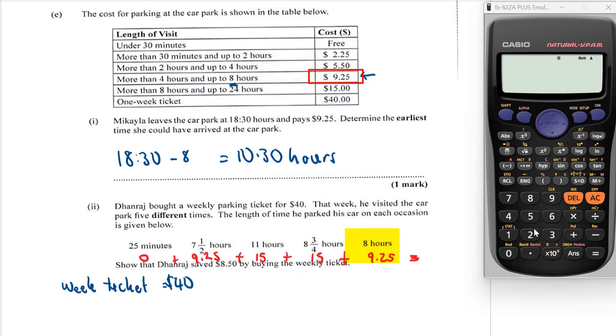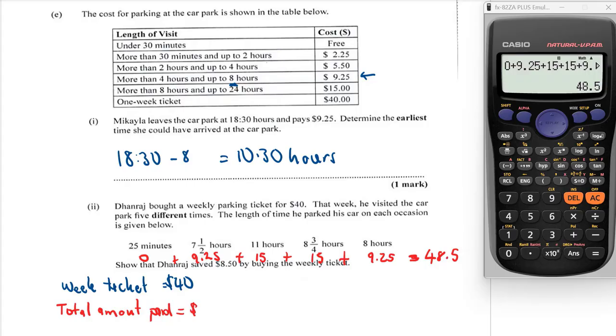So if we add all of these costs together, let's use our calculator. So 0 plus 9.25 plus 15 plus 15 again plus 9.25, that gives us 48.5, right? And then we would subtract the 40 from this. So we know that the total amount paid without the ticket is $48.50.